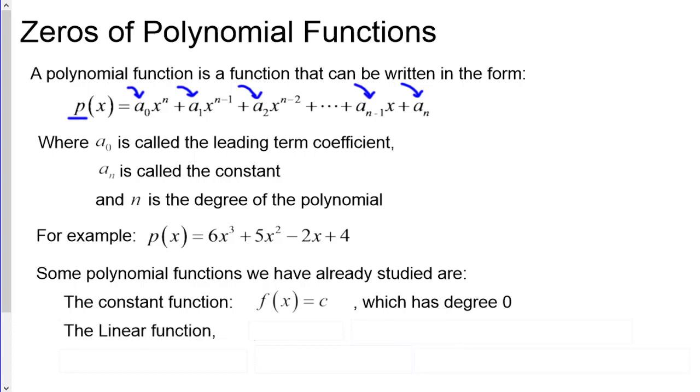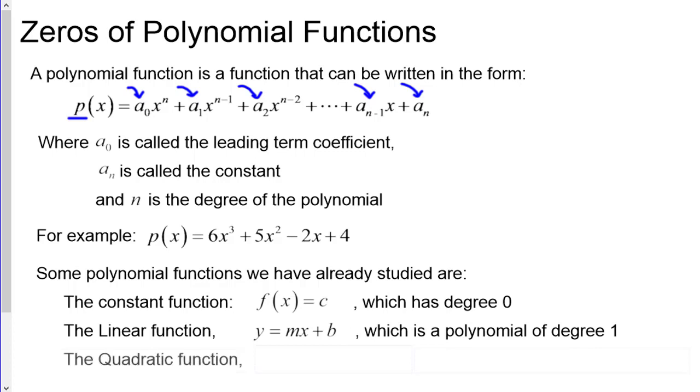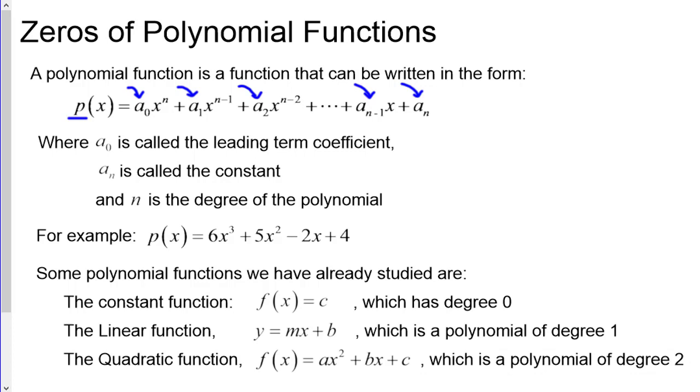Linear function, y equals mx plus b. This qualifies as a polynomial function as well. It's one of degree 1 because the highest exponent on my variable is just 1. And the quadratic function, f of x equals ax squared plus bx plus c, is a polynomial of degree 2. So we've actually learned already quite a bit about polynomials. We just haven't really called them that yet.